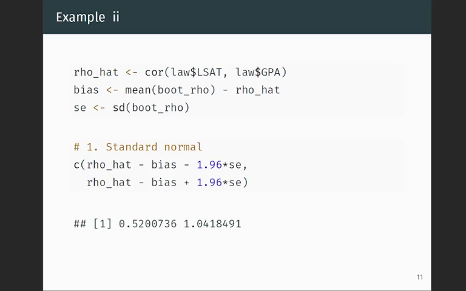So the standard normal, as you remember, is the estimate minus the bias plus or minus 1.96 times the standard error. And so we get confidence intervals going from 0.52 to 1.04. We've already looked at this confidence interval, and we also noted that it goes over the range of possible values for the correlations.